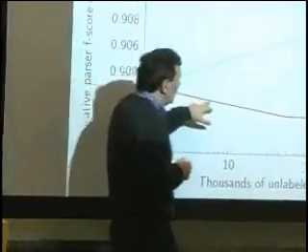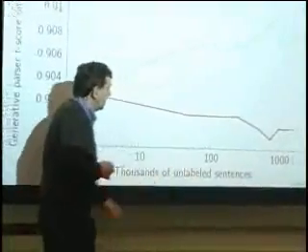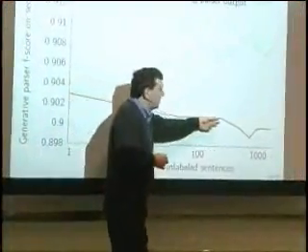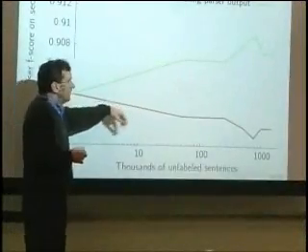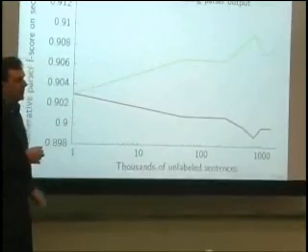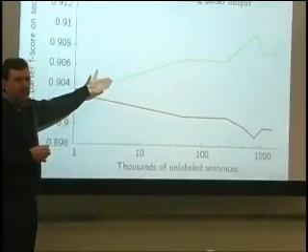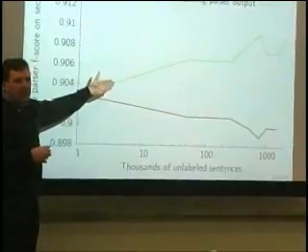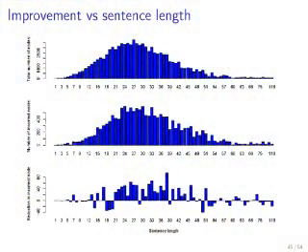And you can see as we add thousands of self-trained sentences, you can see if they're parsed by the generative parser, overall accuracy drops. Whereas if they're parsed by the rescoring parser, accuracy goes up. This red line here is typically what people get when they try self-training. So the rescorer seems to be crucial there.